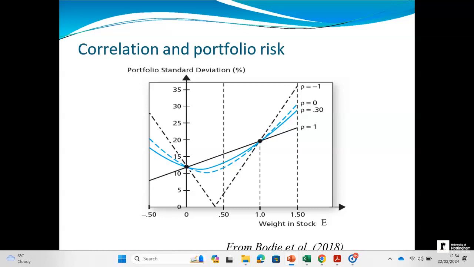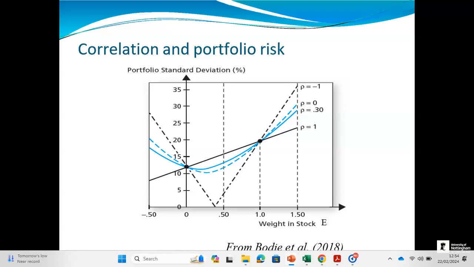No risk reduction. But as you change correlation, right? So let's look at where correlation equals 0, for example. It's the dotted line. And you can compare this with this solid blue line where the correlation is 0.3. So where correlation is higher? With the solid line, of 0.3, and it's less when it's equal to 0.